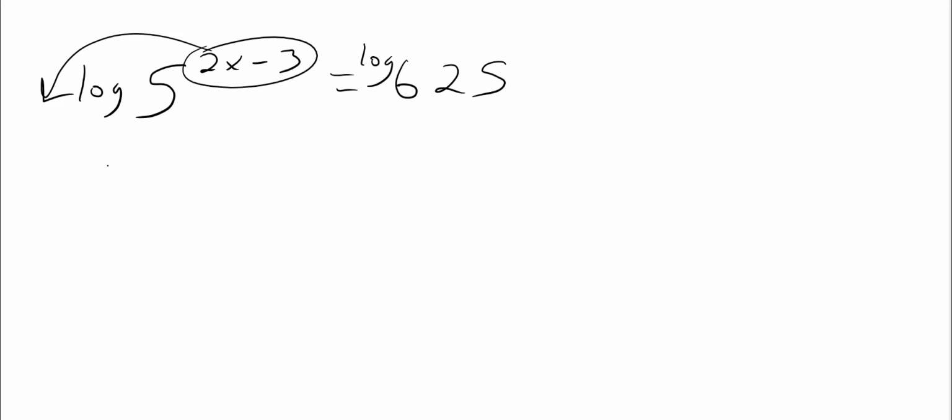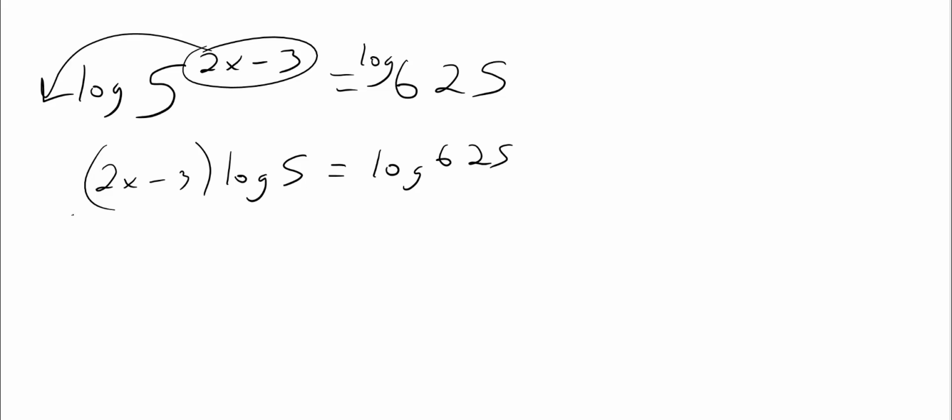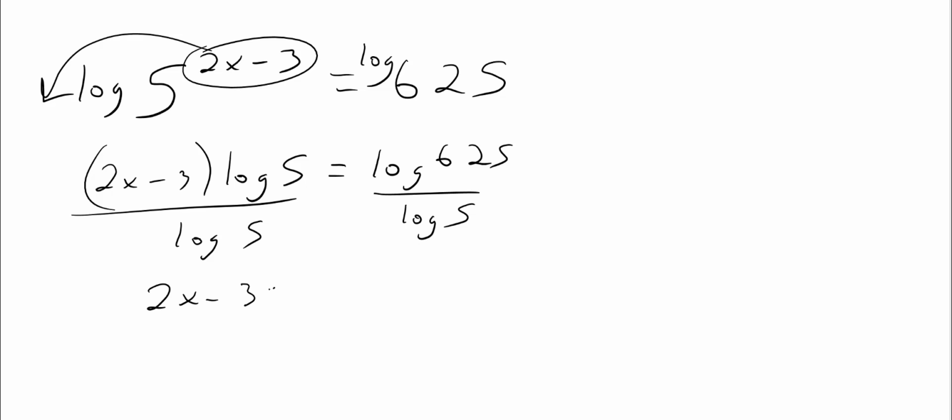So we get 2x minus 3 times log of 5 equals log of 625. I'm going to divide both sides by log of 5. Okay, and I get 2x minus 3 equals, let's type in our calculator, log of 625 divided by log of 5, and I get 4.